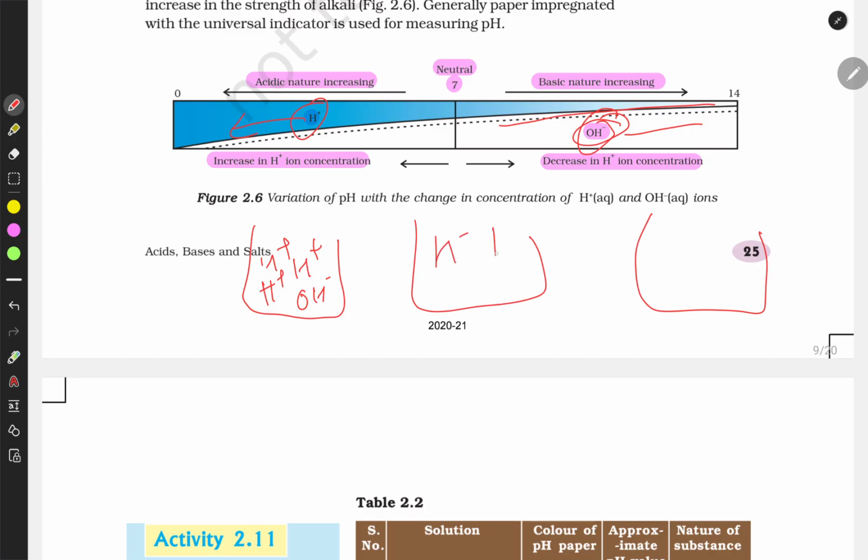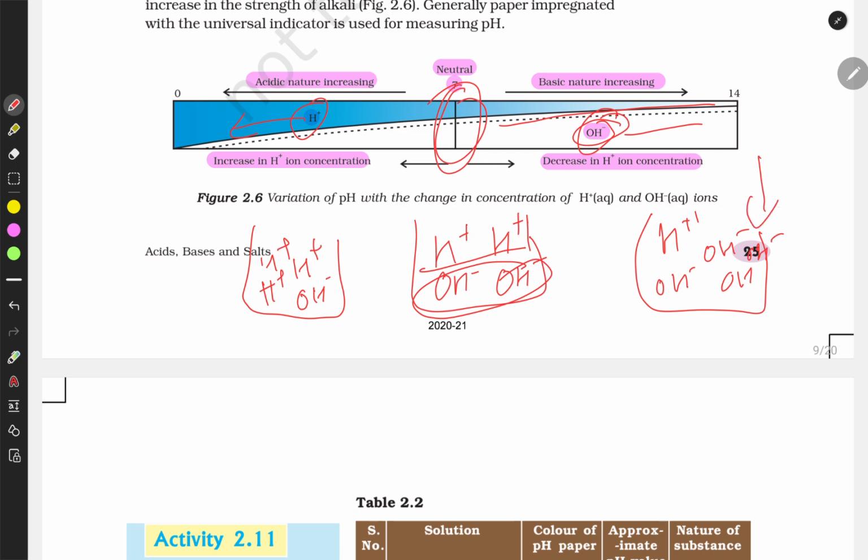And in a solution where there is an equal ratio of OH- ion and H+ ion, it is called neutral, because both the acidic and basic characters are neutralized. Some solutions have a very low concentration of H+ ion and a lot of OH-.